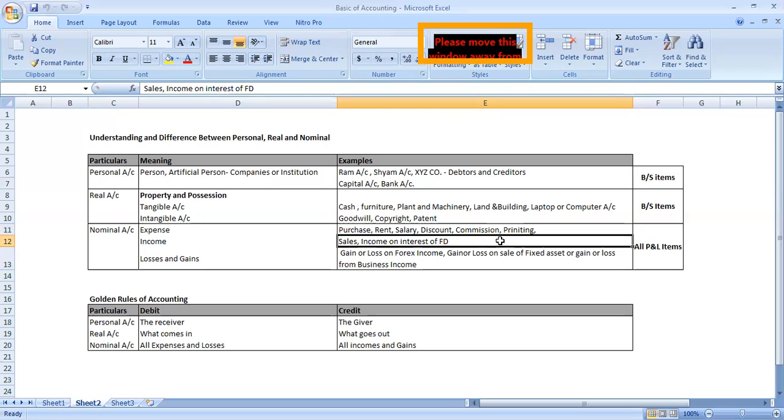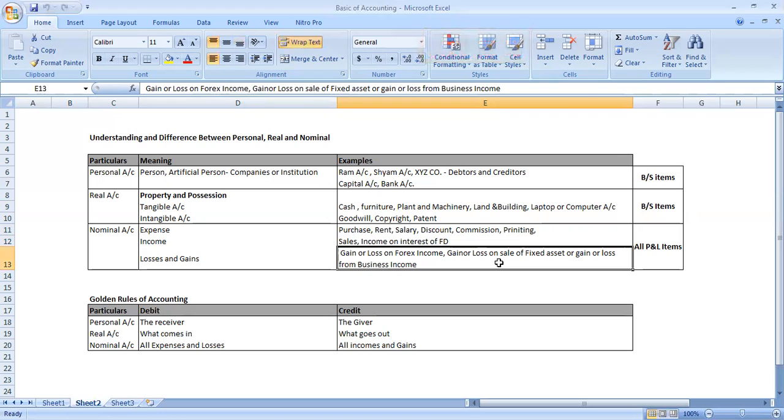Further, other incomes such as interest on FD, etc., will also be a part of the nominal accounts. Any gain or loss on foreign exchange, and any gain or loss on the sale of a fixed asset, etc., all form part of the nominal accounts.